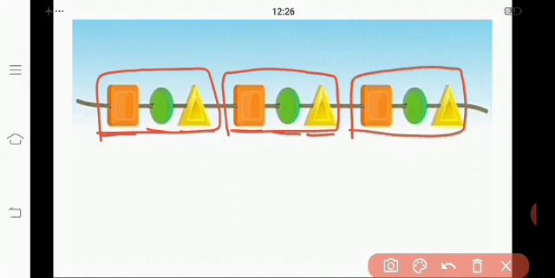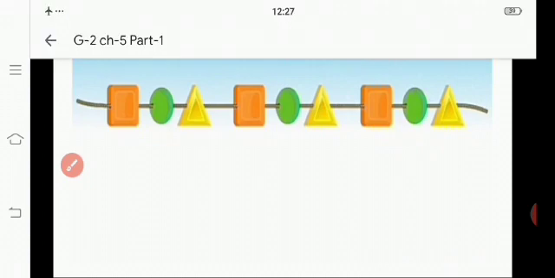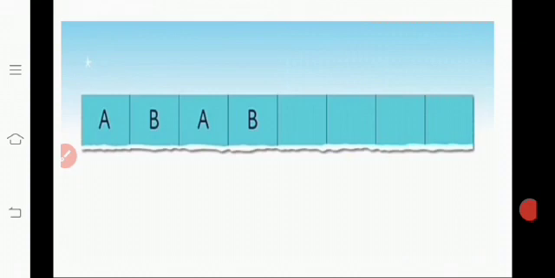Look, we got the pattern. Now let us try making a few more patterns. Shall we move on to the next one?